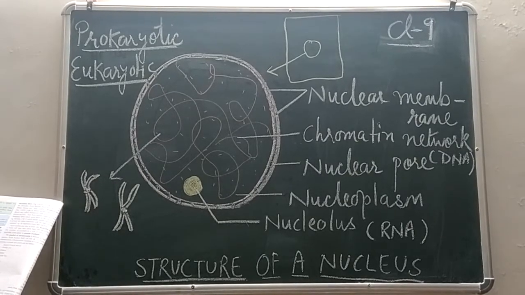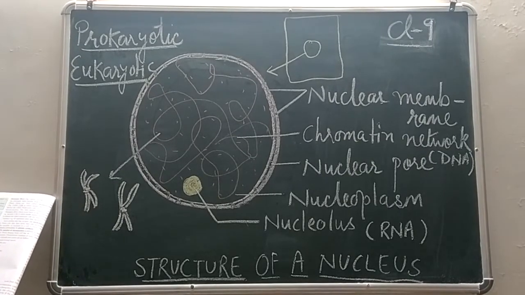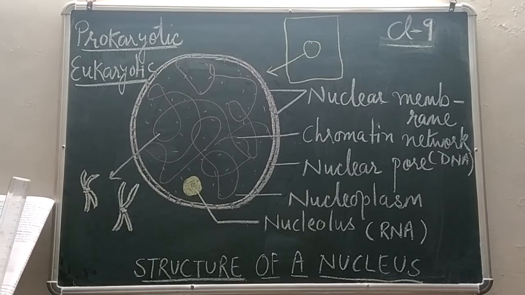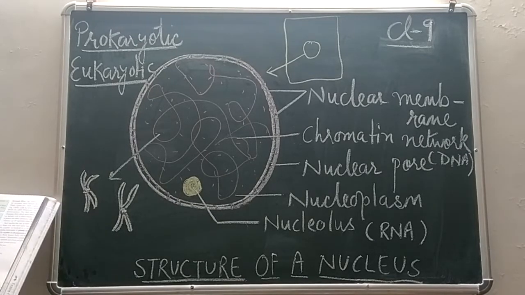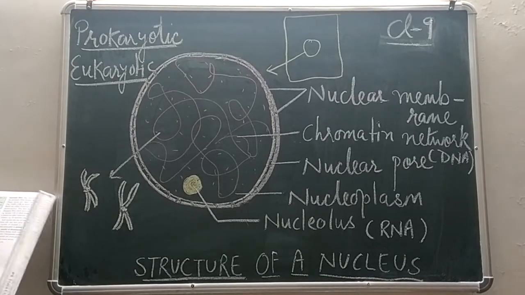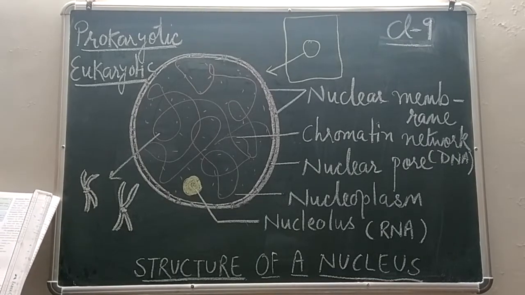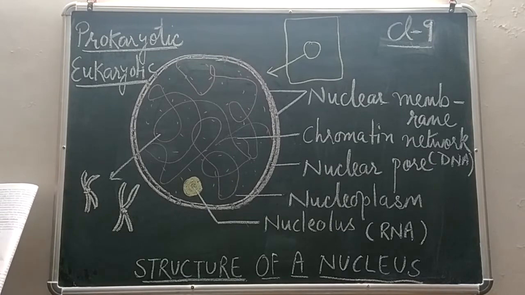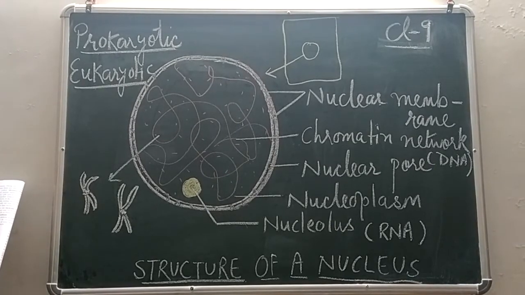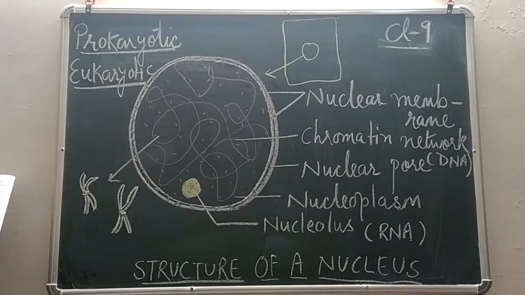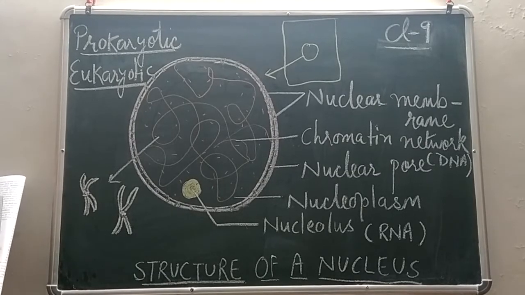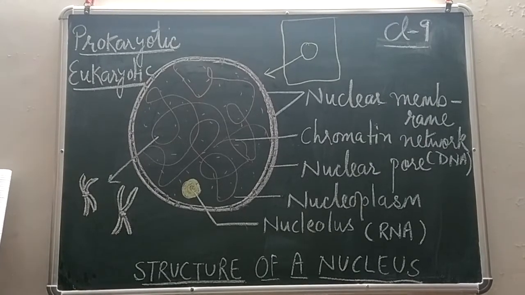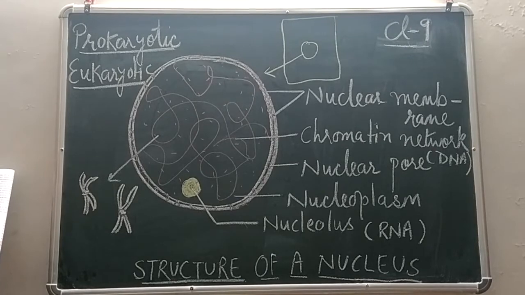The vacuoles contain cell sap, that means a solution of water and other substances. This solution is called cell sap. The outermost covering of a vacuole is called the tonoplast. The vacuole is mainly present in a plant cell and contains cell sap.